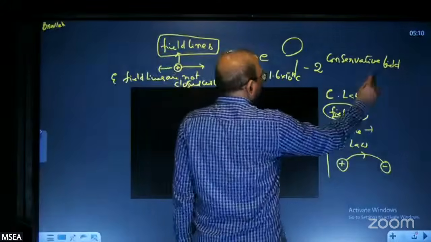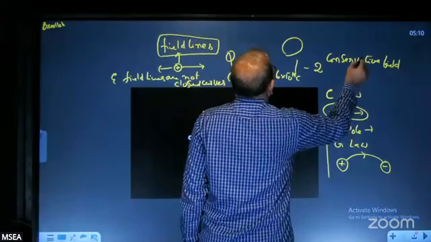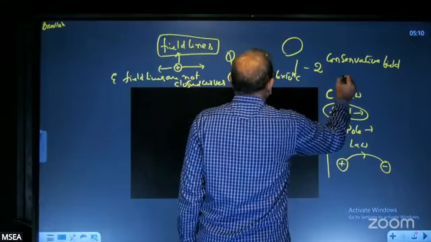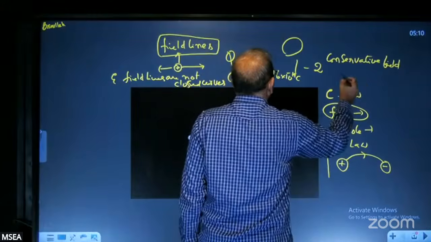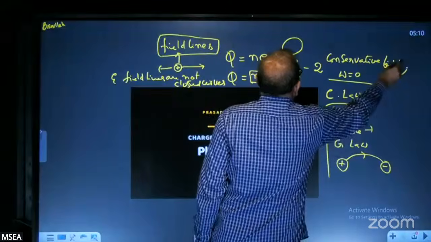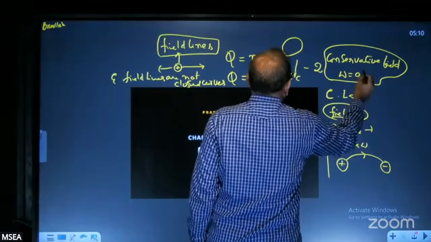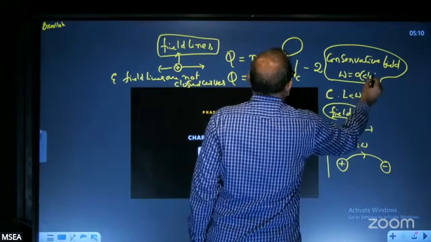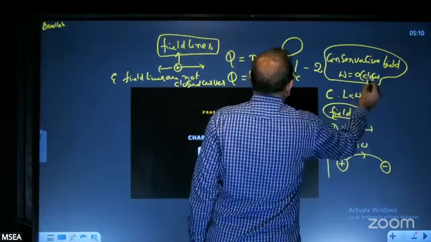And in a conservative field, work done by the conservative field to move a charge on a closed path is zero.